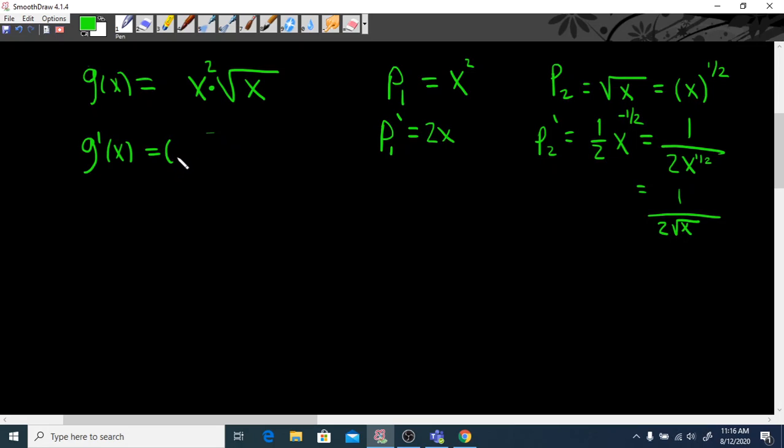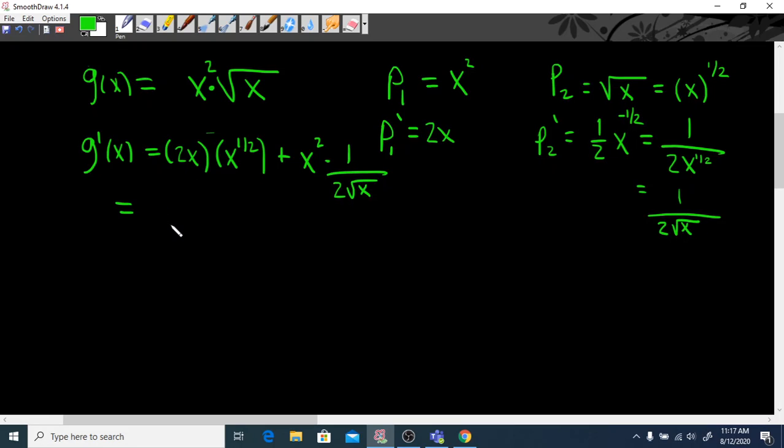There we go. Okay. So if we do the whole thing now, we want piece 1 with a derivative, so 2x. Piece 2 with no derivative, so that's x to the 1/2. Plus piece 1 with no derivative, and then piece 2 with a derivative, so times 1 over 2 square root x. Okay?